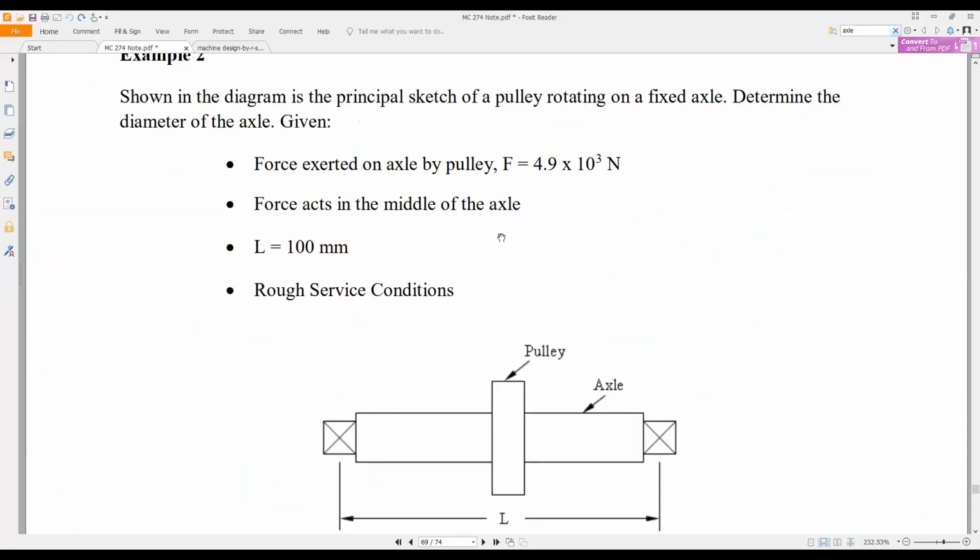It says that shown in the diagram is the principal sketch of a pulley rotating on a fixed axle. Determine the diameter of the axle. Given, we have the force exerted on the axle by the pulley, F equal to 4.9 kilonewtons, acting in the middle of the axle.